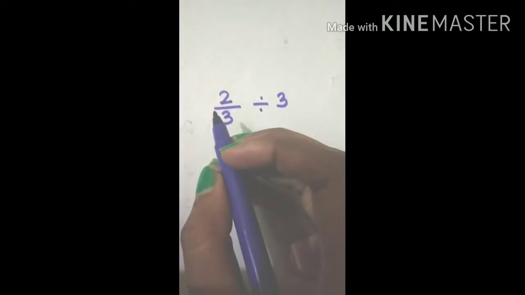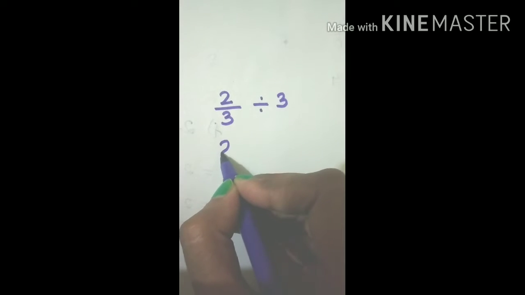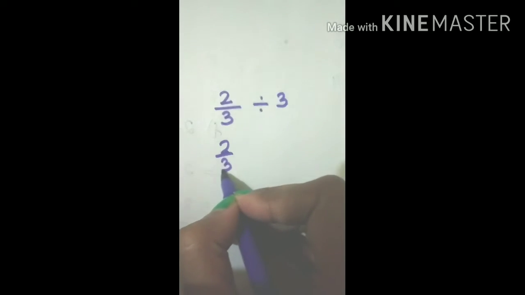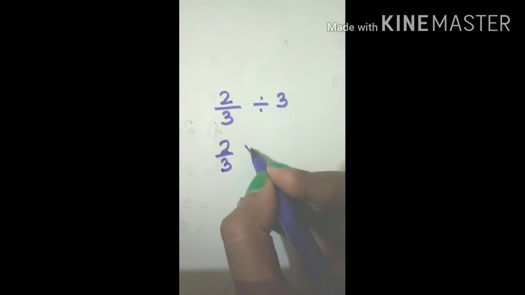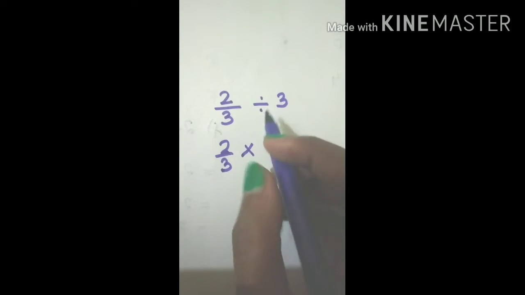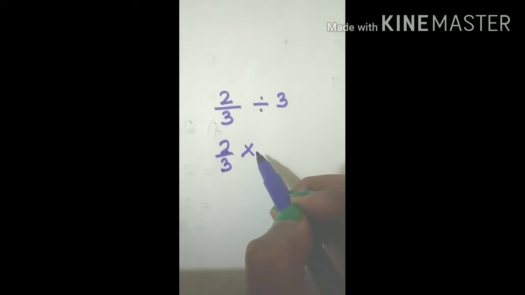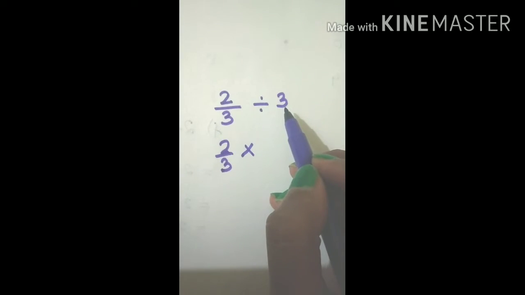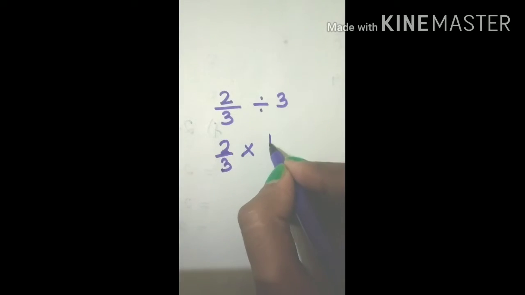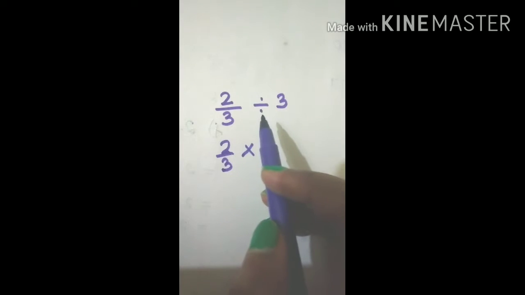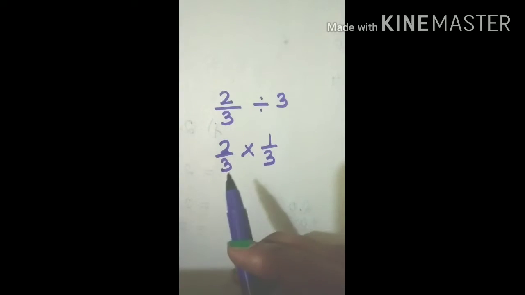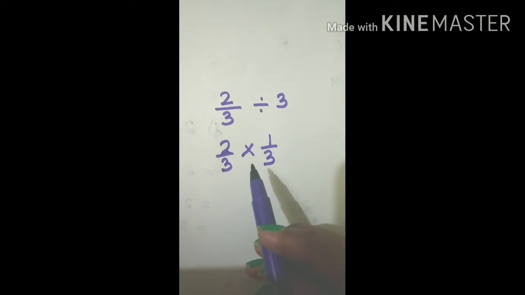What we will do is, we will write 2 by 3 and we will change this divide sign into multiply. But if we change this divide into multiply, this 3 will become 1 by 3. Because 2 by 3 divided by 3 is same as 2 by 3 multiplied by 1 by 3.